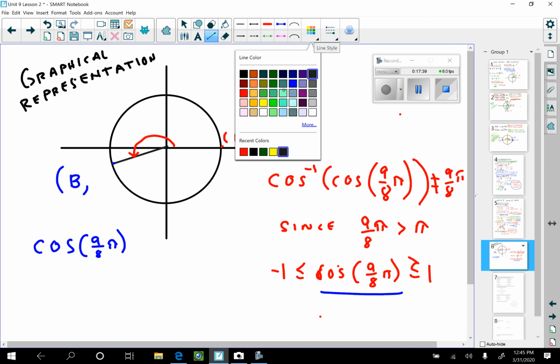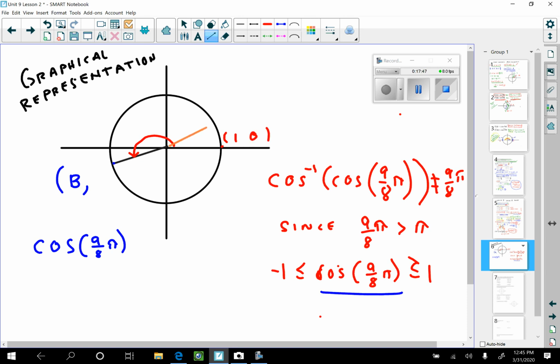So let's go over here and find this. Let me change my other angle. Let's change my angle to an orange colored angle. And you tell me, I'm going to stop that rascal when I have the same B value. And that would be about, oh, looks like that's about right there.